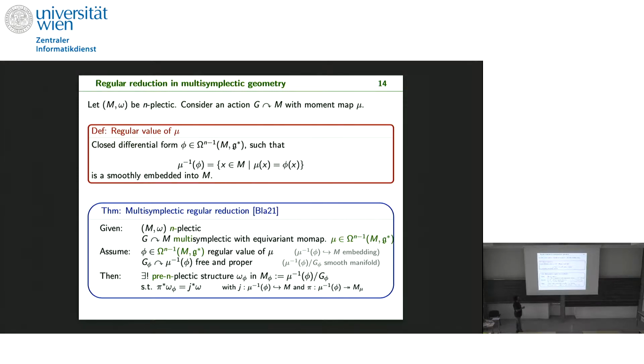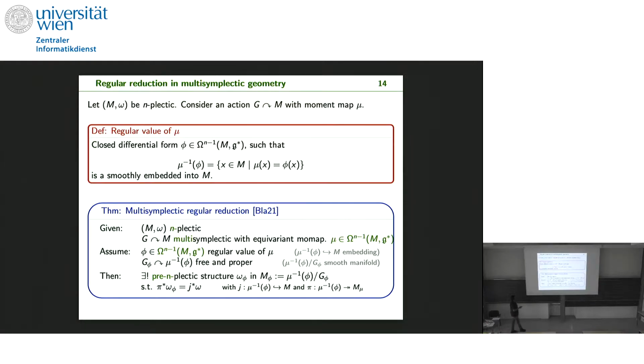So we define a regular value here as an element of this space. By regular, we mean that this space is smoothly embedded. The other hypothesis here is that the isotropy group of G with respect to this element acts freely and properly on this smoothly embedded manifold.